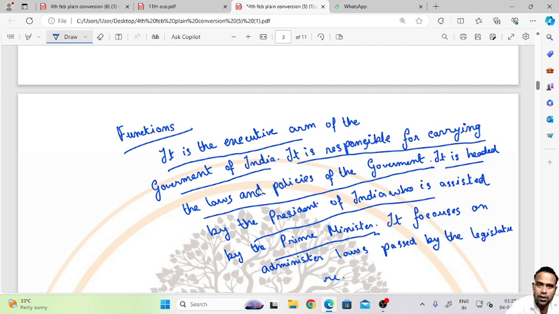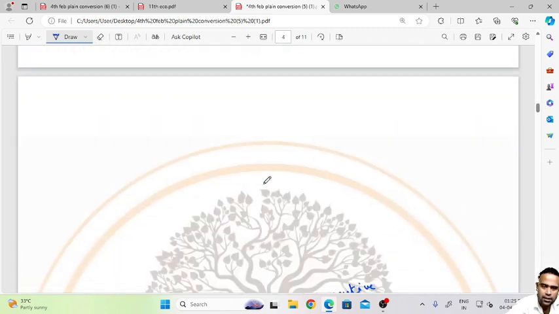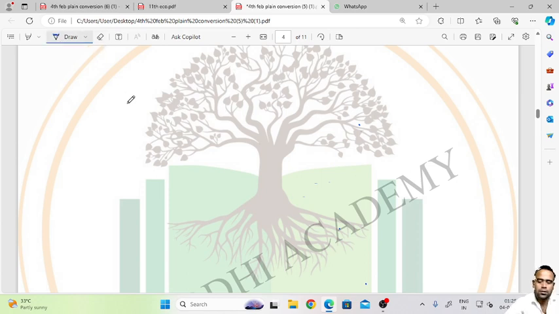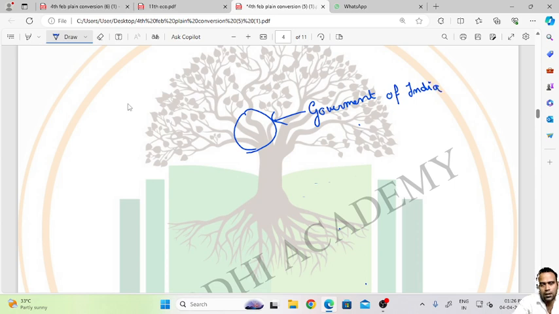I am giving you another structure so that you can understand it in detail. Suppose this is the government of India, and now the government of India, what does it do? It issues laws.